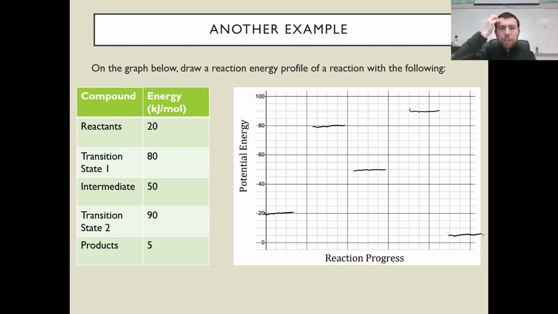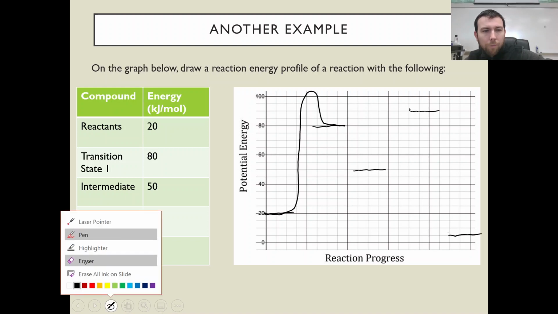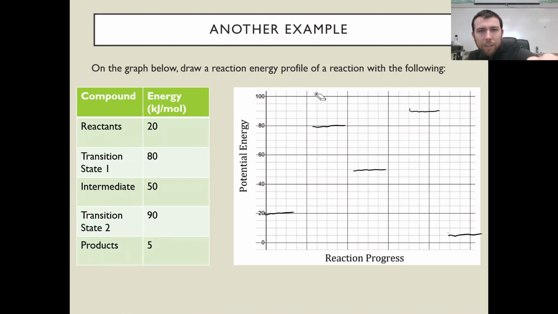Right? And so then if I want to construct my diagram, I'm going to have something that looks like this. Oh, oops. Mr. Kenton started off on the wrong foot. Hopefully this doesn't erase everything.